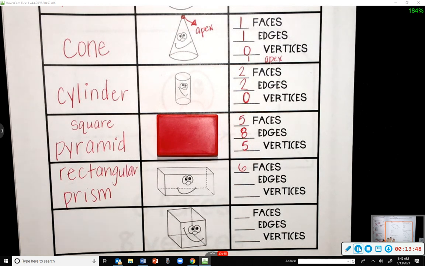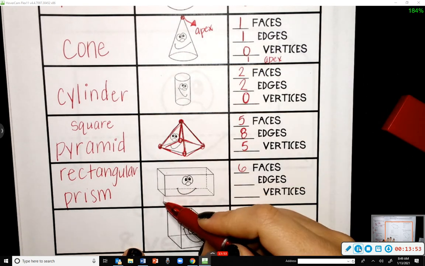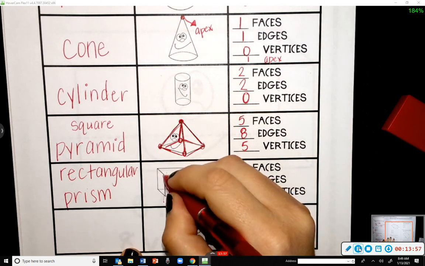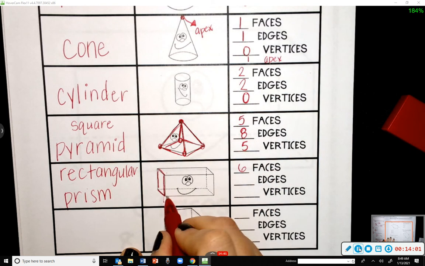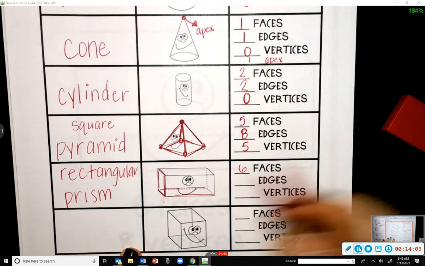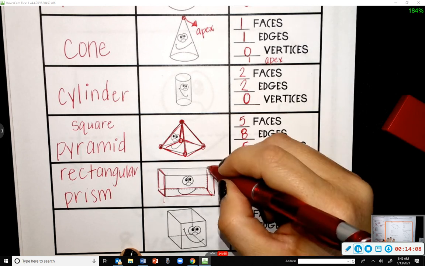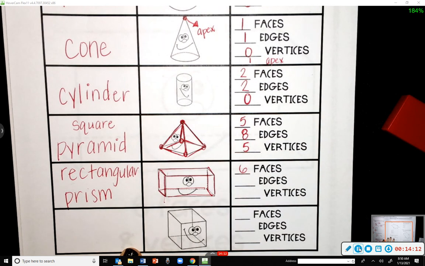Let's count. Edges is the lines, right? So we need to count the lines. 1, 2, 3, 4, 5, 6, 7, 8, 9, 10, 11, 12. 12 edges.